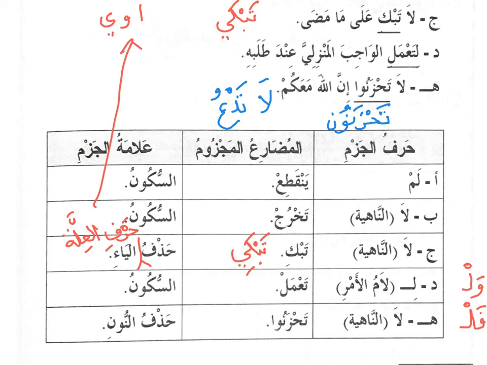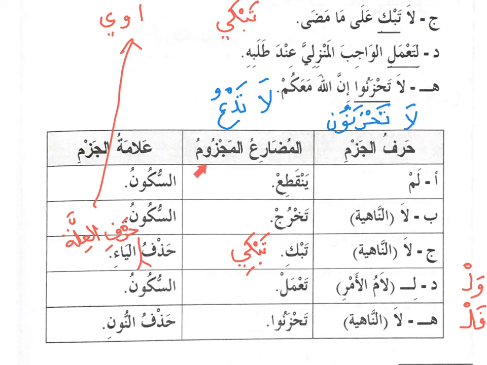This is fi'l mudari' marfu' bi thubutin nun, by retaining the nun. What we have here is again one of the huruful jazm, la. When it has harful jazm, the fi'l mudari' becomes mudari' majzoom.